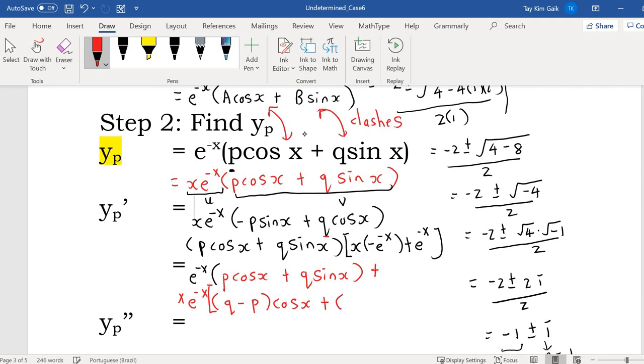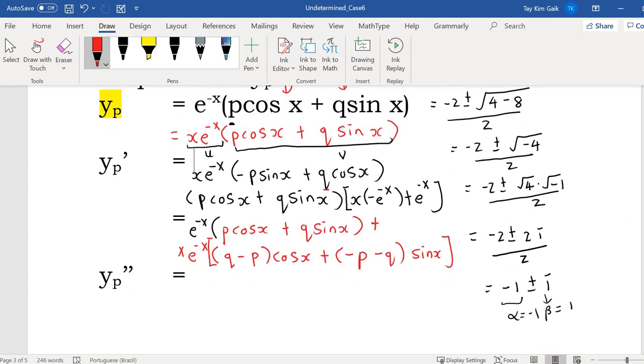Okay, and then for the sin x, x e^(-x), for sin x is negative p. Then q here multiplied by negative, so it's negative q sin x. Okay, this is for the term x e^(-x). And then now you need to differentiate it a second time.